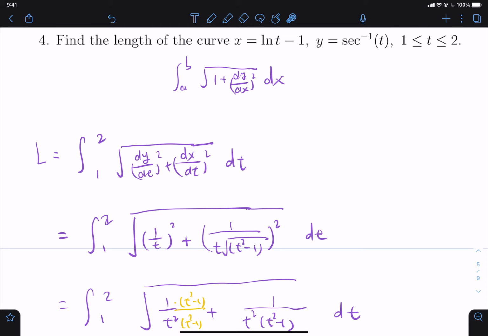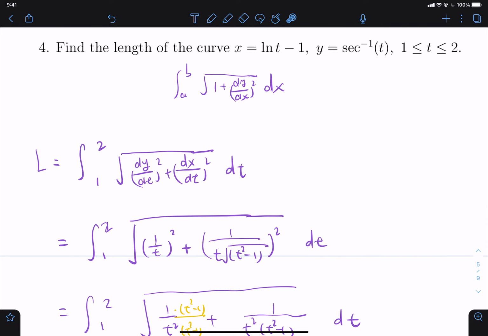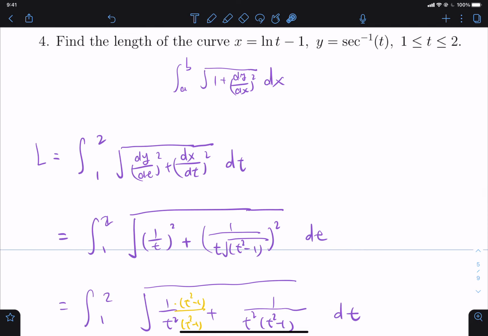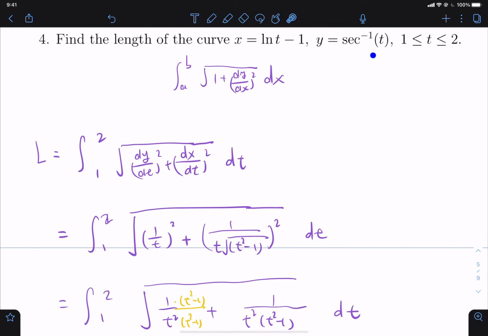According to the situation, according to whether it's more convenient to express y in terms of x or x in terms of y, right? But in this case, we won't use these two forms.